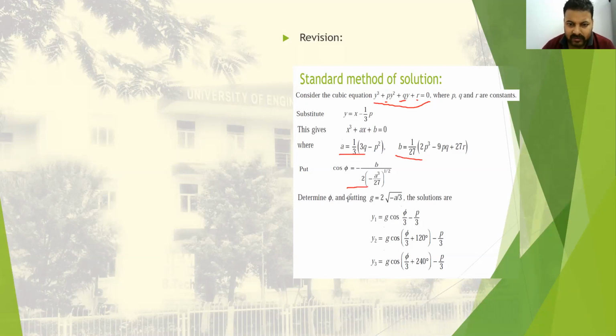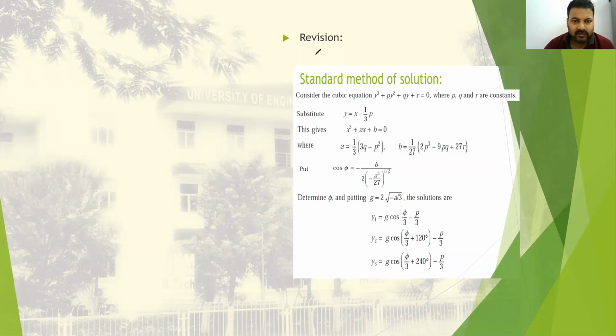Once cos phi has been found, we can determine phi in order to get the value of G. And in the final step, we can get the values of the three roots as y1, y2, and y3, or as sigma 1, sigma 2, and sigma 3. So in this way, we can solve a cubic equation.